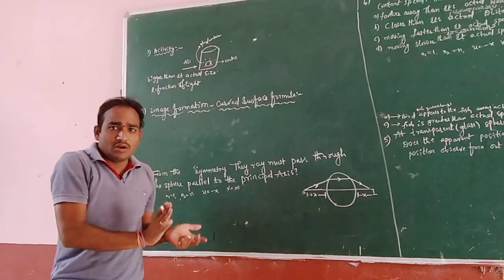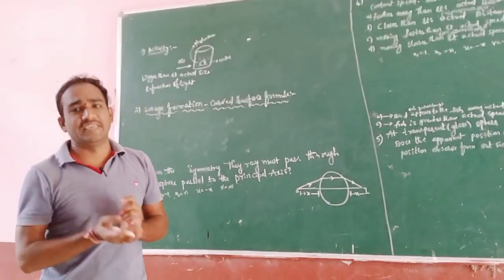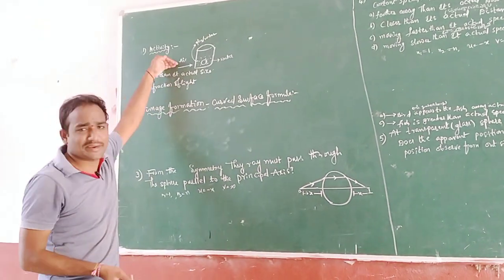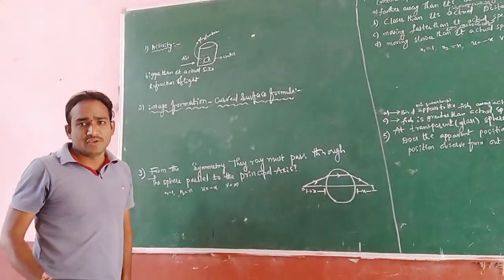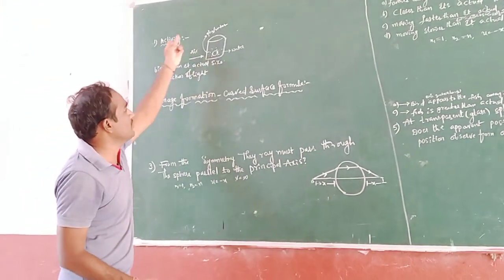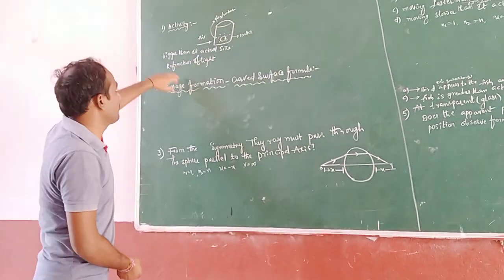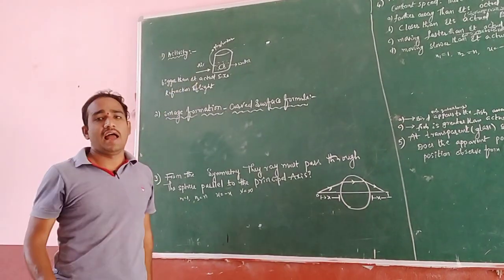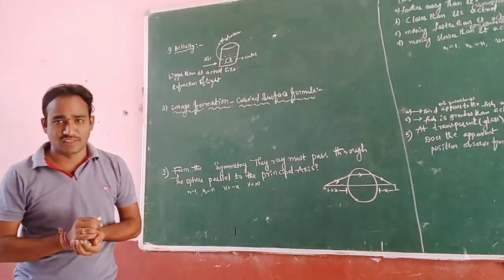So how many mediums are here? Two mediums, the rarer medium and the denser medium. When we see an object through the rarer medium to the denser medium, the object will appear bigger than the actual size. So that is the main idea of the rays.